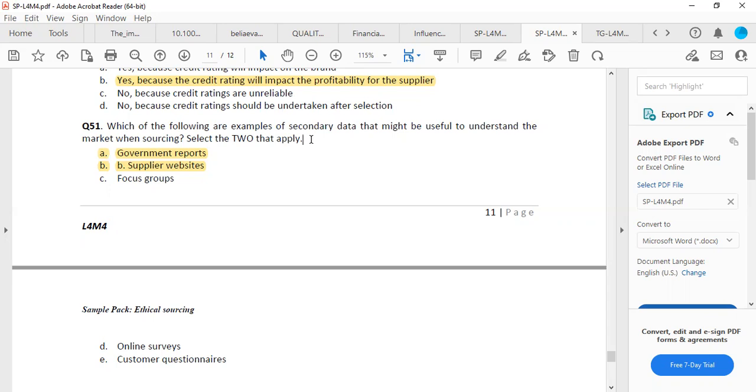Christian, I wanted to ask, how many questions are we to expect? I think 60. And then what's the pass? How many should we get correct to pass? You need to score 70% to pass.